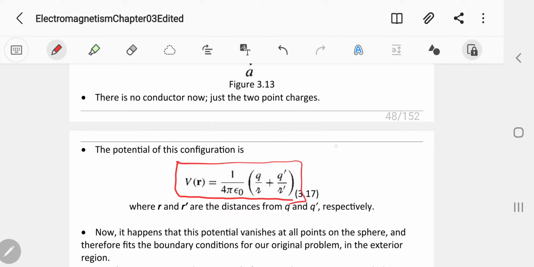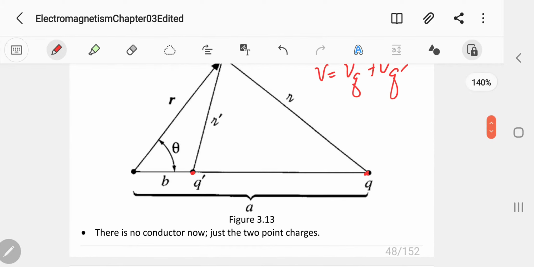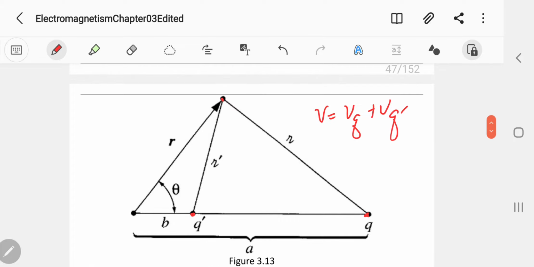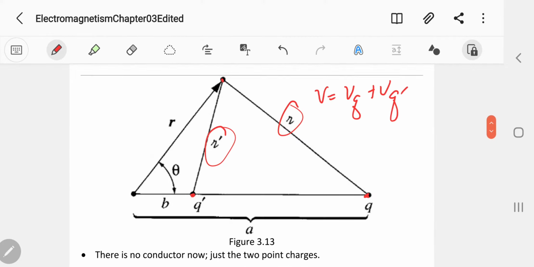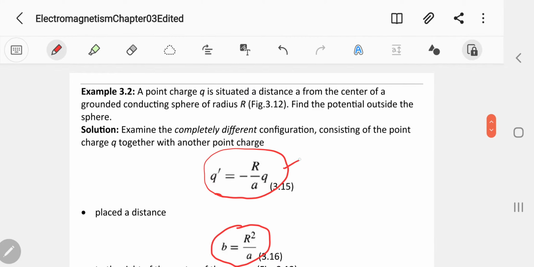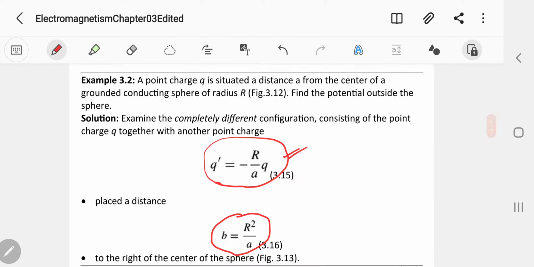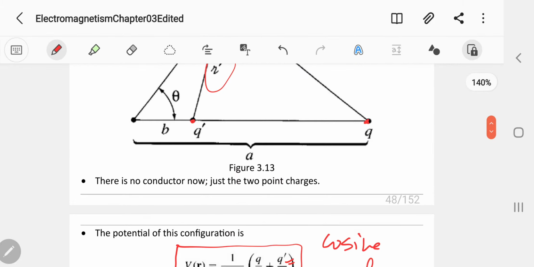By cosine law, you can find this r prime and this r here, and substitute it here. And your q prime would have to be equal to this. Of course, this is just a guess.